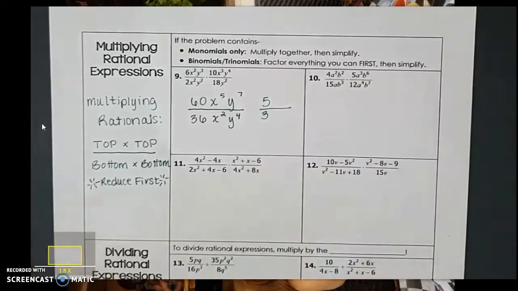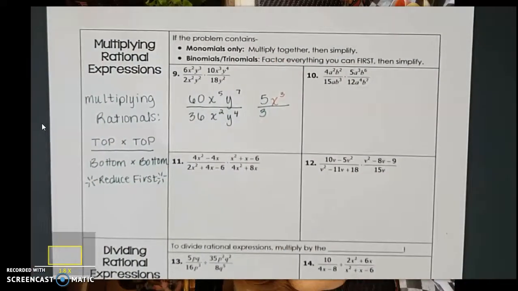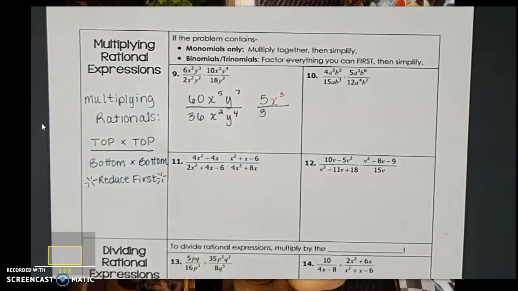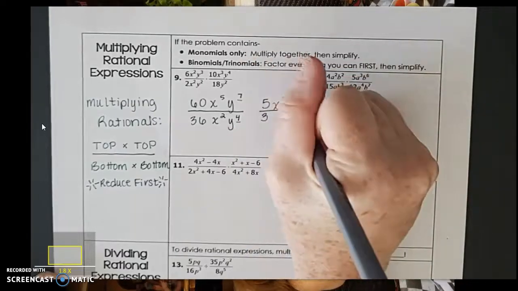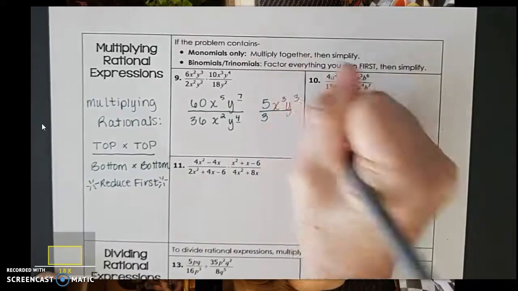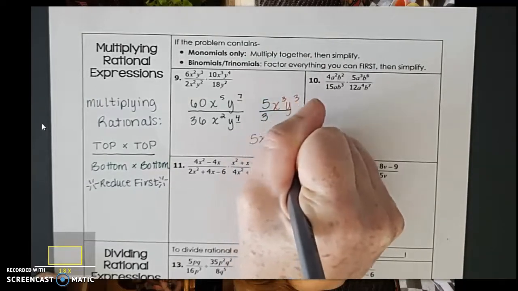And then x to the fifth over x squared, we're going to subtract. So 5 minus 2 is 3. And then for the y's, we have 7 minus 4, which is going to be 3. So our final answer is going to be 5x cubed y cubed all over 3.